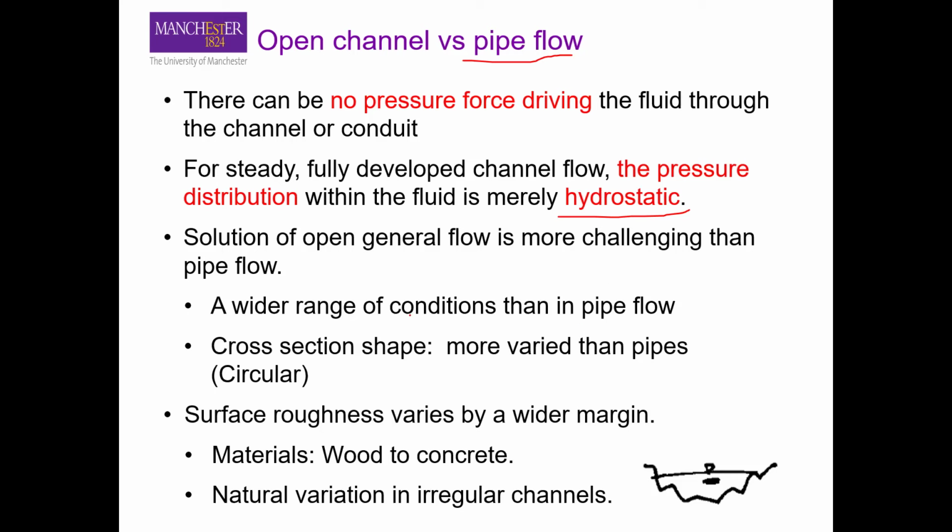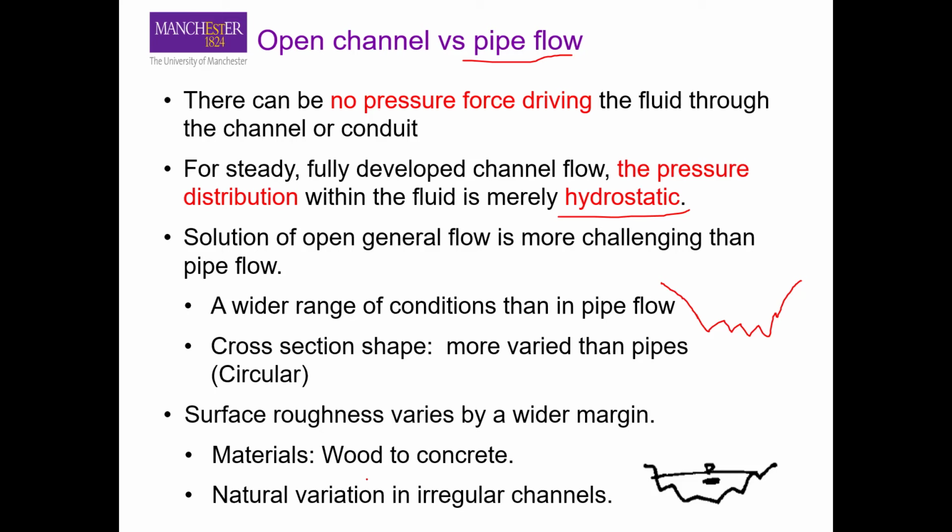Another reason the analysis of open channel flows is much more difficult is that you have much more complex shapes of open channels. You can have irregular shapes, and that increases the complexity of the analysis compared to pipe flows. Also, in terms of materials, you have versatile materials available for open channels.